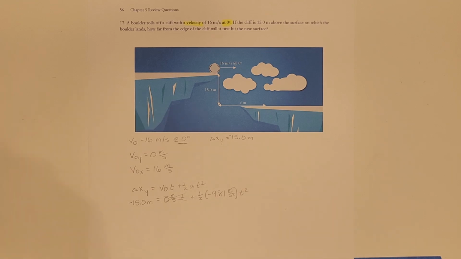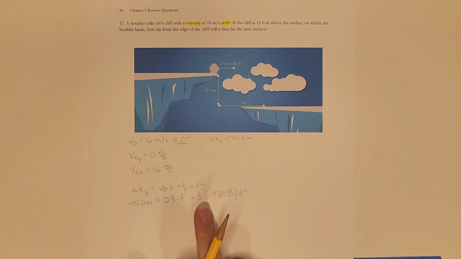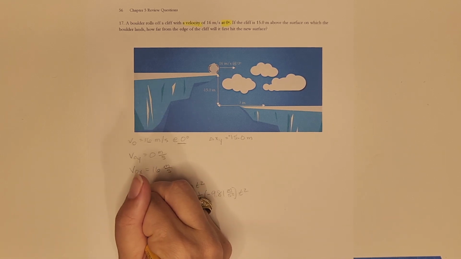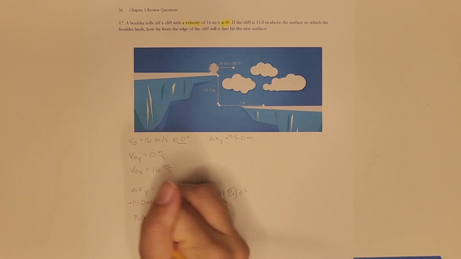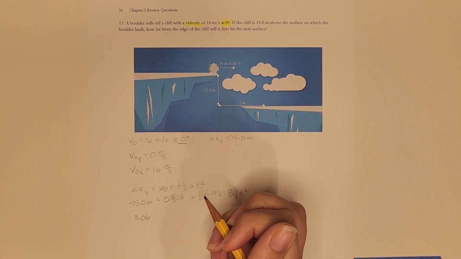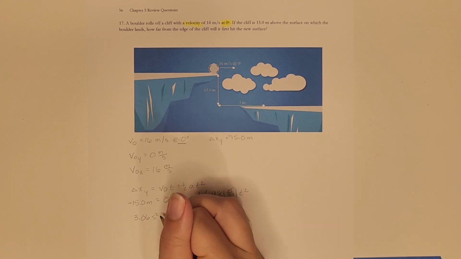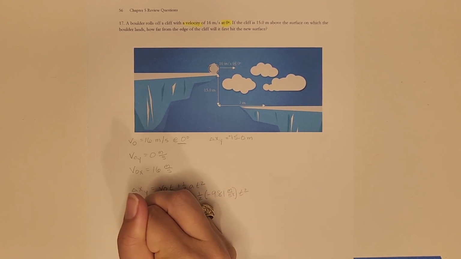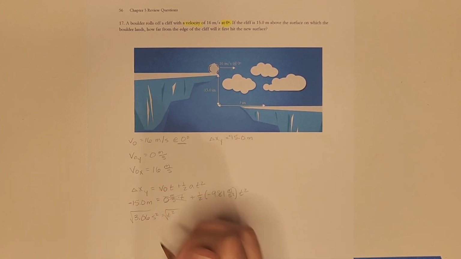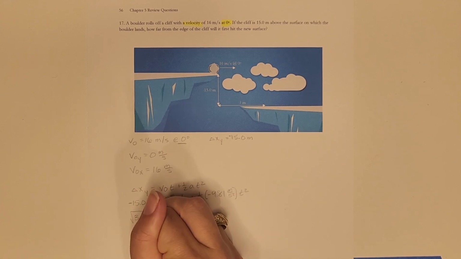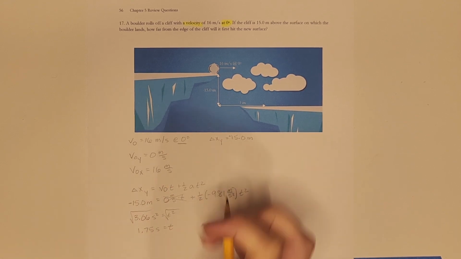Okay, and so then when we divide both sides by this, I'm not going to write this out this time, but we'll get 3.06 seconds squared equals time squared, and then we can get the square root. And so we end up with 1.75 seconds equals our time.